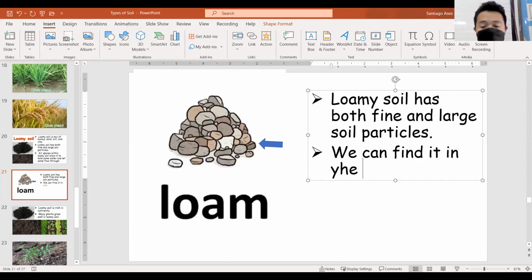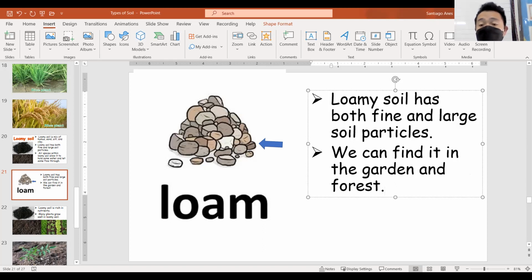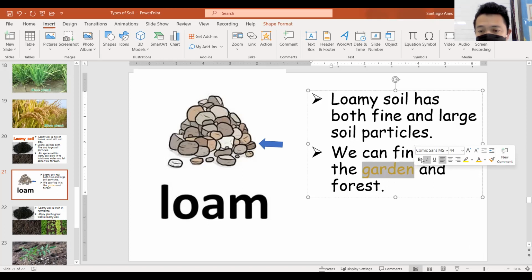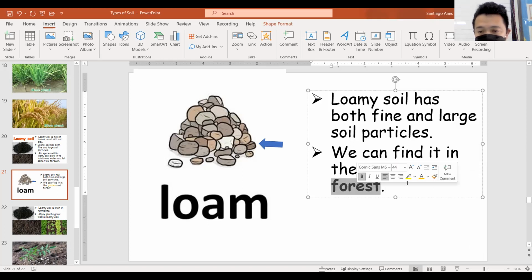We can find it usually in the garden and forests. Okay, we can find it in the garden and in the forests.